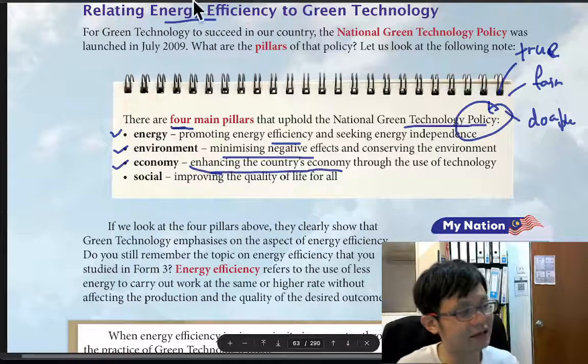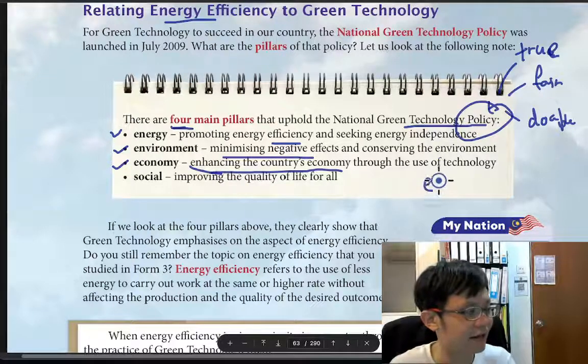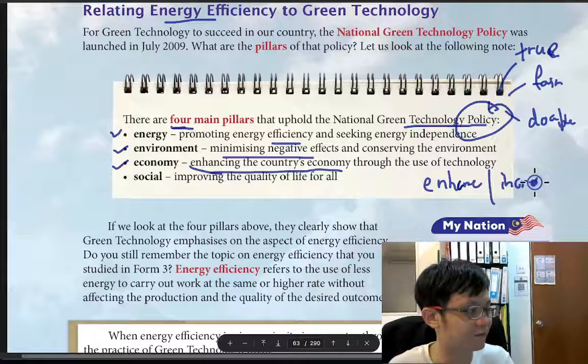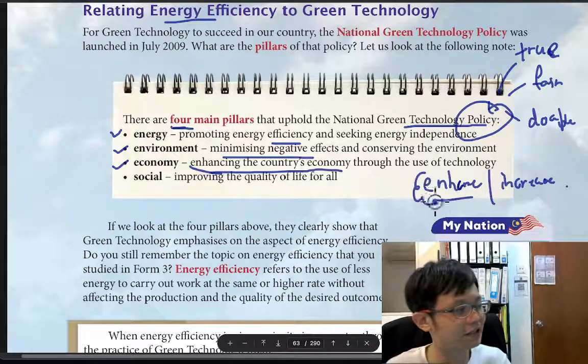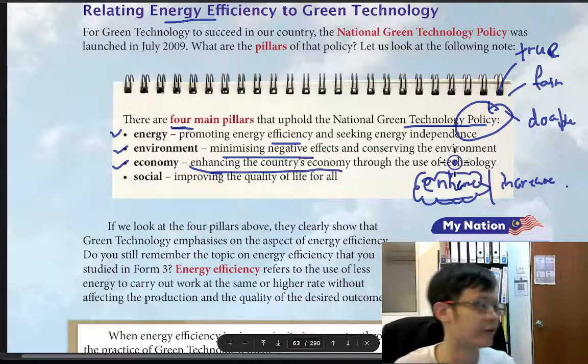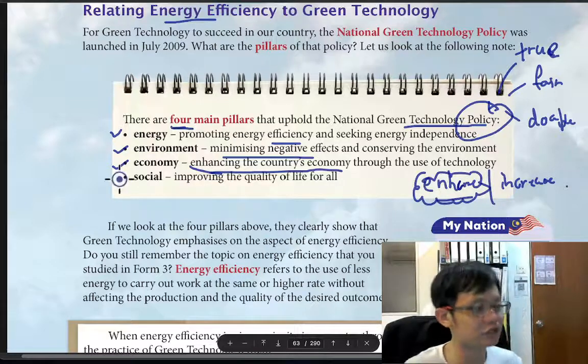This one I teach a bit of English: enhance and increase are almost the same, but sometimes we use enhance for quality, like enhance the country's economy rather than increase. Enhance is to make the quality better. So this is an English word you may want to use for your essay. Enhance. Social, improve the social life.